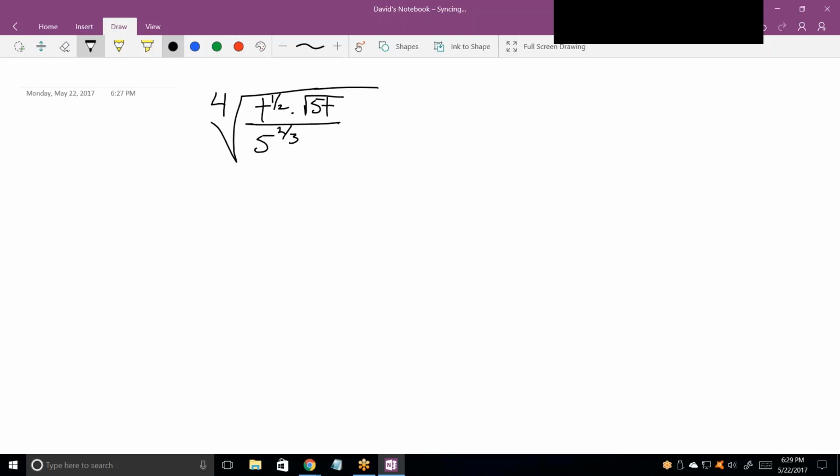So, have I written this correctly? Yes. What's the first thing we want to do? Get rid of the radical signs. You will find that radical signs don't serve a very useful purpose in math. The higher up you go, this is probably the last year that you'll be confronted with them.